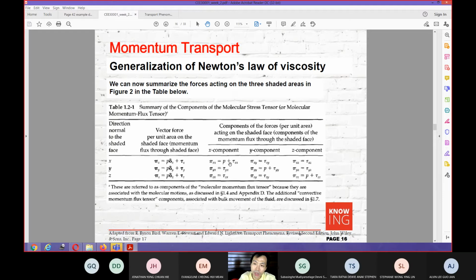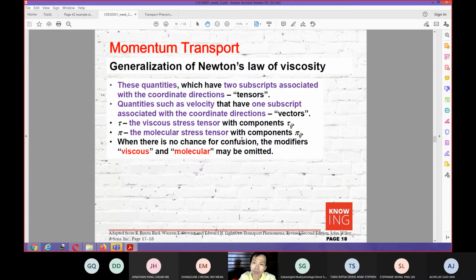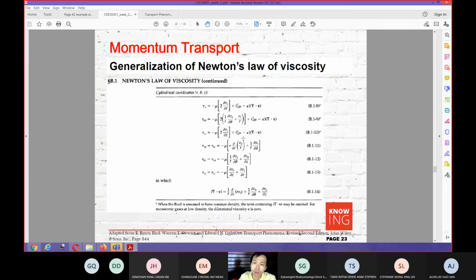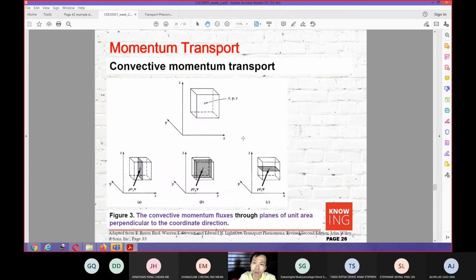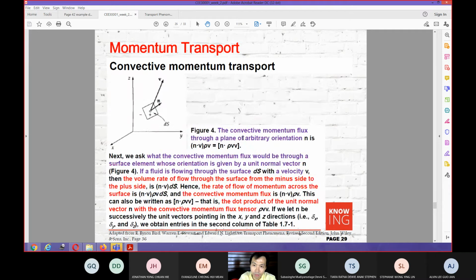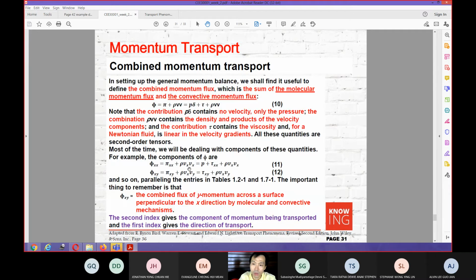As you can see, pressure only comes out when the two subscripts are equal, and that will be reflected in the final term for your combined momentum flux.